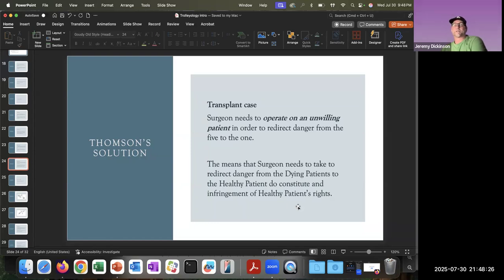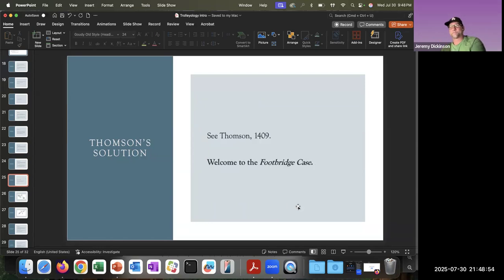So the means that the surgeon needs to take to redirect danger from the dying patients to the healthy patient do constitute an infringement on the healthy patient's rights. And that's different from the bystander case. Okay. So redirecting a trolley toward the one versus operating on an unwilling patient.